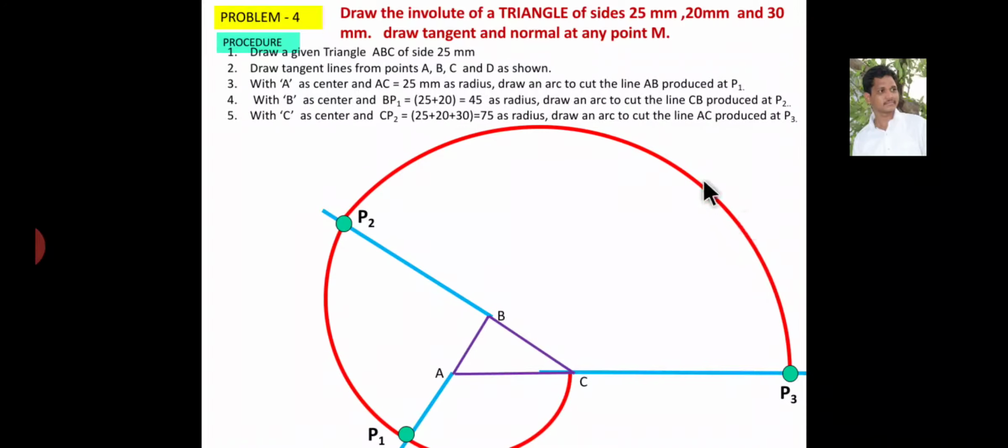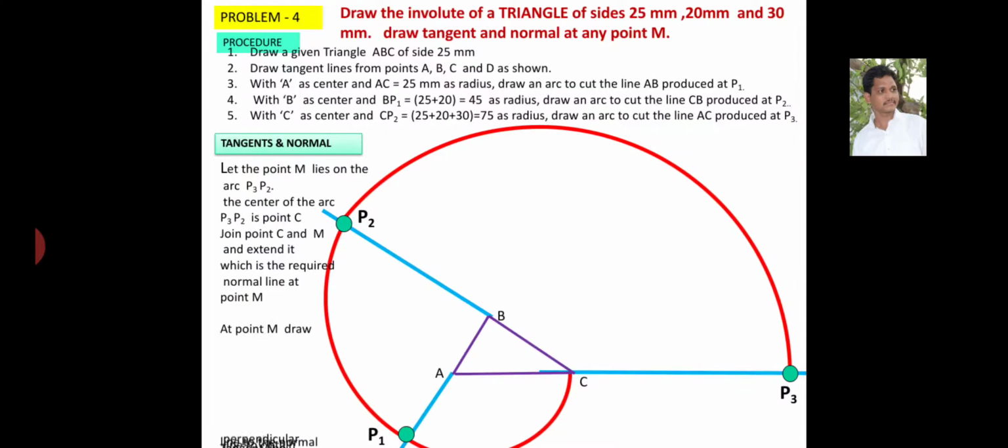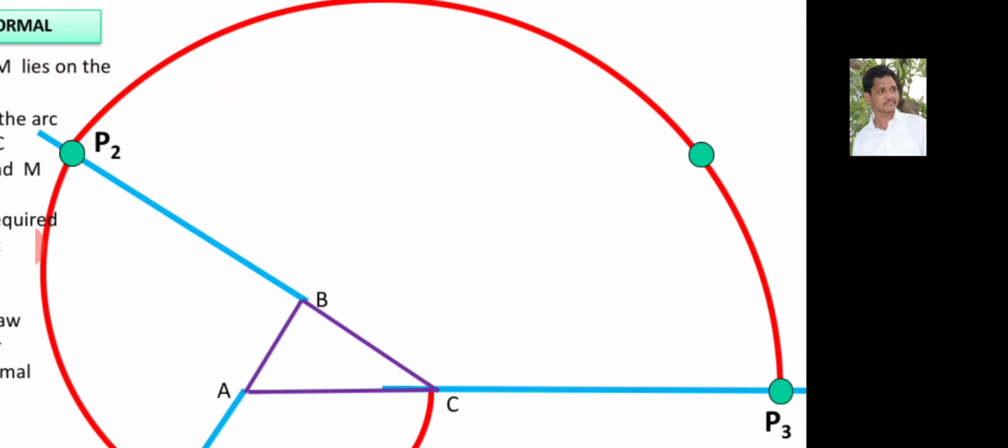Now you have to draw a tangent and normal at any point on the involute. So I consider the point M on arc P2 P3.